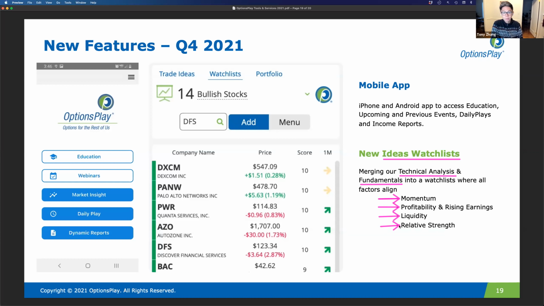This is how we scan for opportunities in the market when we send out daily plays, when we send out Tuesday morning market outlook sessions. And this is how we scan the hundreds of symbols that you submit every single week for the rapid fire sessions. You're going to be able to access all of that information through our new bullish and bearish watch list that we will be launching here in the next few weeks.